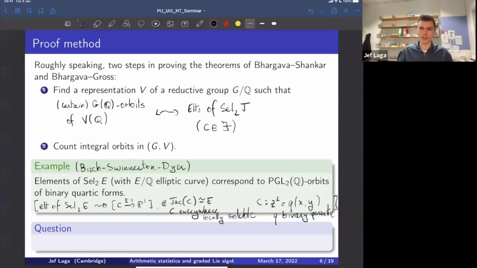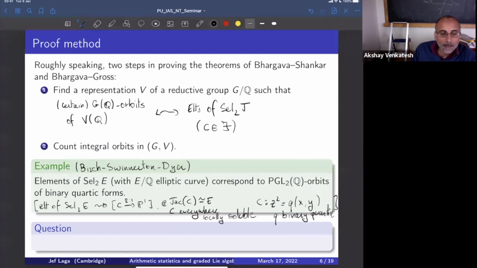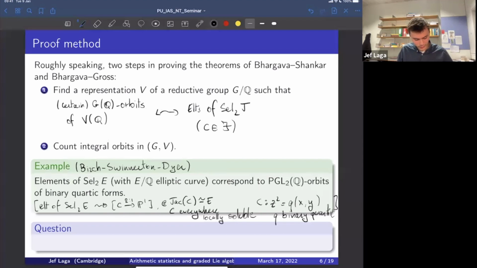And in general, there are many other orbit parameterizations that have been found using similar but more difficult algebro-geometric techniques. In fact, in the Bhargava–Shankar case, this is what they used. They used this orbit parameterization and this strategy. But they already had step 1, so they only needed to do step 2. And in fact, they solved step 2 so well that they solved it for many other types of representations as well.